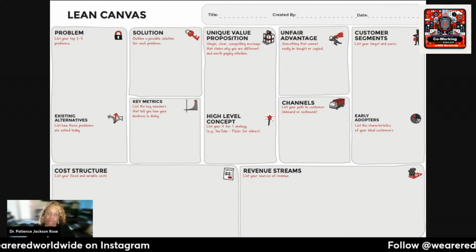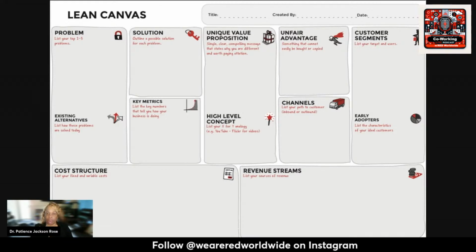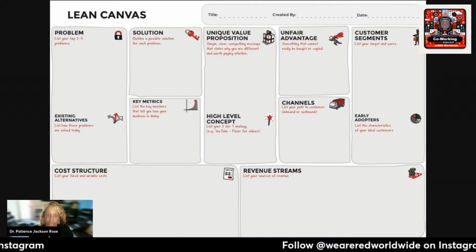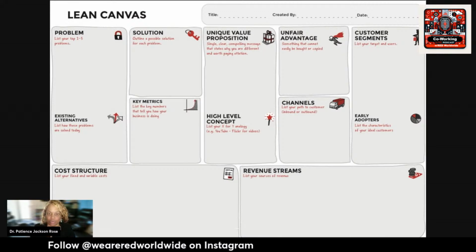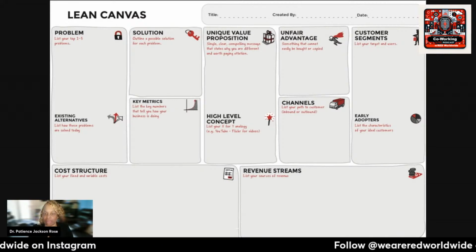What are those key metrics that you can say, this is how we know that we're doing well, or how we're doing what we're doing at this point? In terms of the statistical data, the business intelligence, and we've talked about business intelligence before. Then you'll look at what is your unique way of solving this problem.